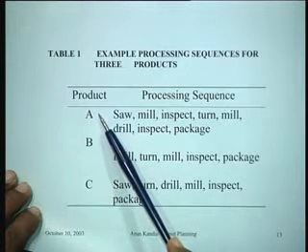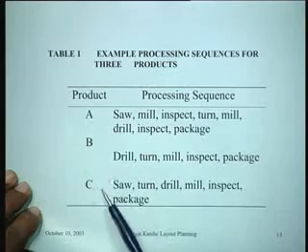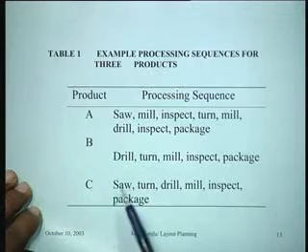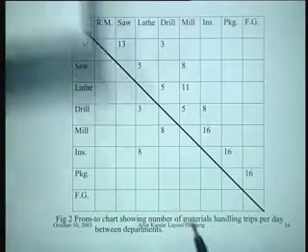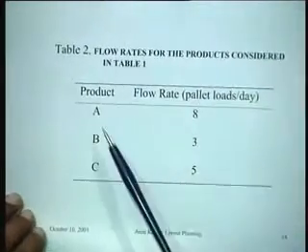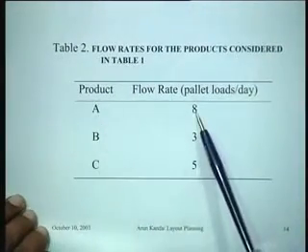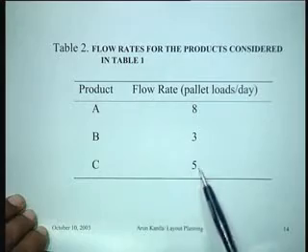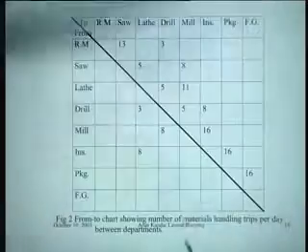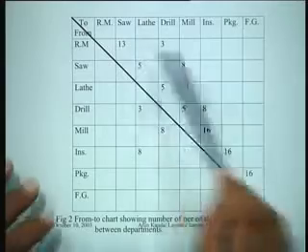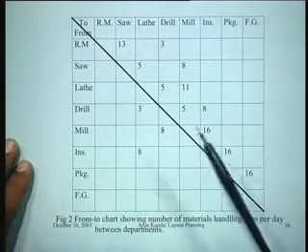So as far as this is concerned, products A and C will make a movement from raw material to saw. And you can easily find out what is the total movement of raw materials of products A and C. So A is 8 trolleys are moving and C is 5 trolley loads are moving. So 8 plus 5 is 13. That's how you get this figure of 13. And similarly for the other entries in this particular chart.